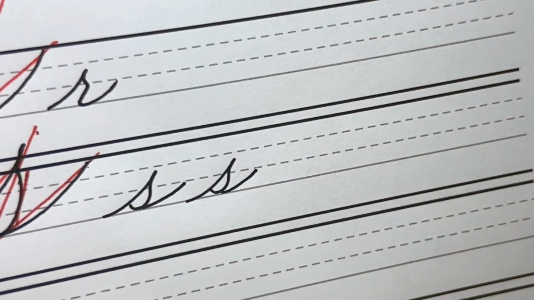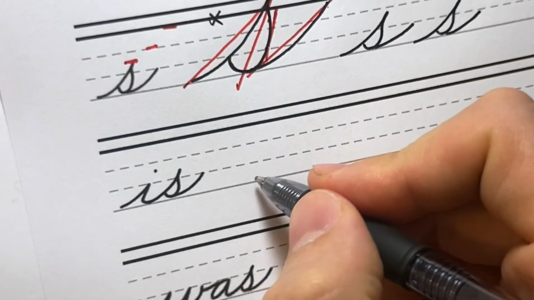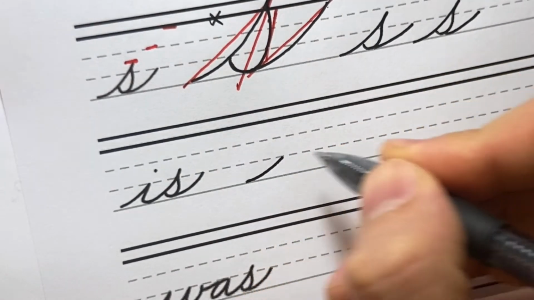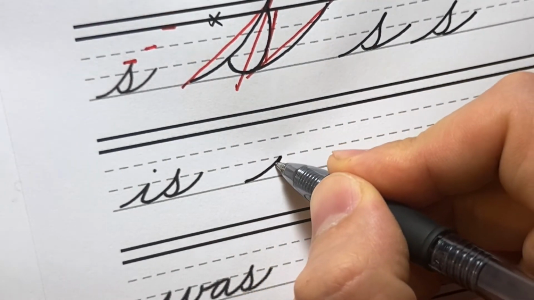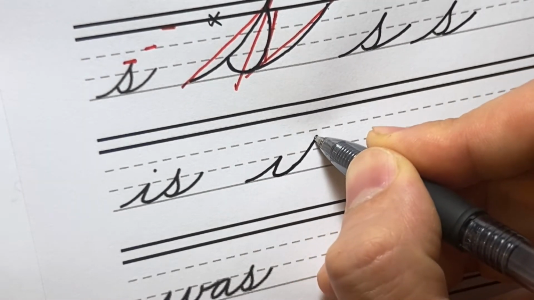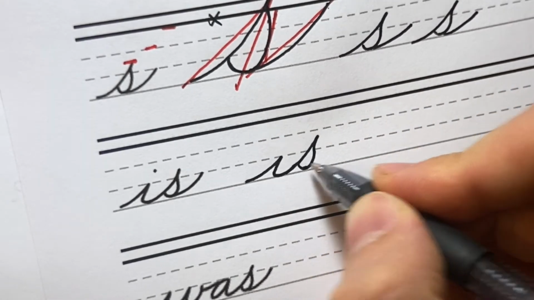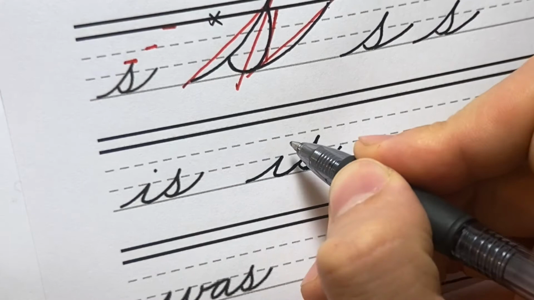All right, let's combine the R and the S with some other letters. And the first word we have is "is". Very common word to be writing. Do our I entry, underturn entry, downstroke into another underturn, into our S. Do that little S move, and then exit.